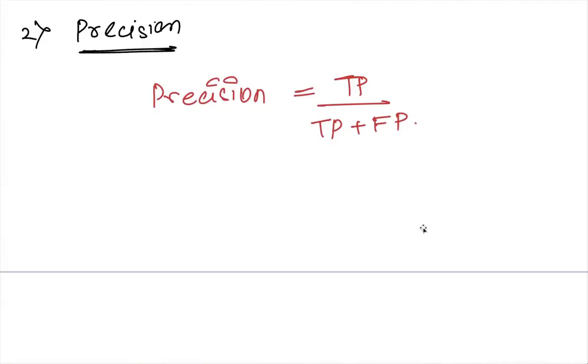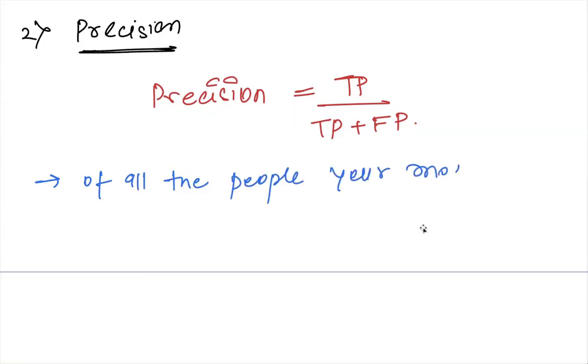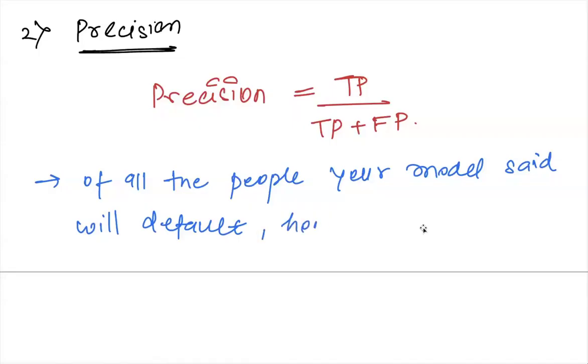This basically means, of all the people your model said will default, how many actually did?